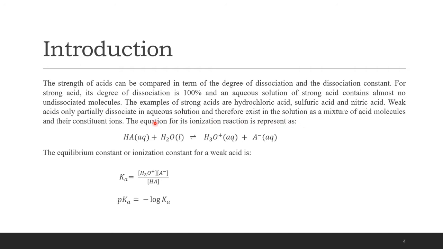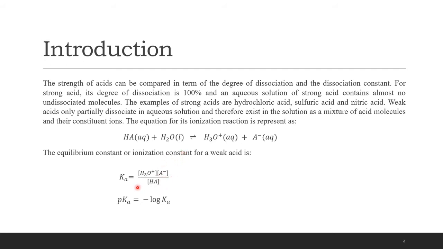On the other hand, weak acids only partially dissociate in aqueous solution. With regard to the ionization reaction, you have this equation, and the ionization constant is calculated as the products over the starting materials. Because the concentration of water is constant, it is not included.